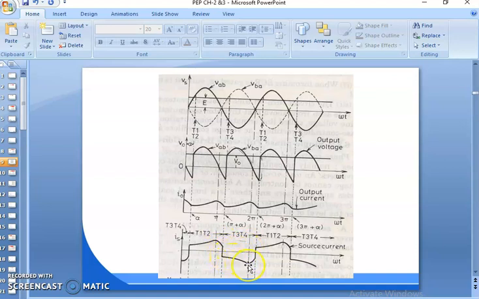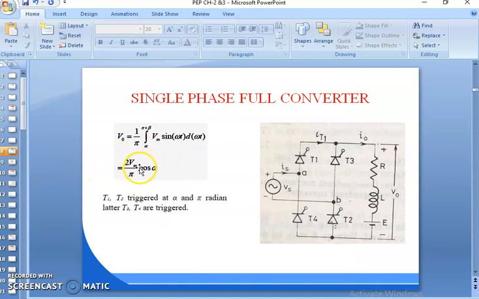Then again T1 T2 will be on during the positive cycle period, so the thyristor current will be like this. And after this portion again T3 T4 will conduct, and this will be shown in the negative cycle region.